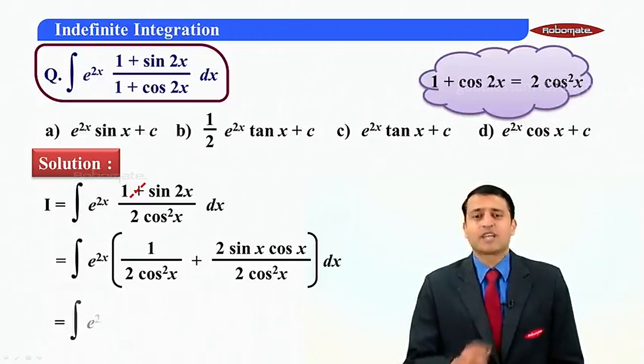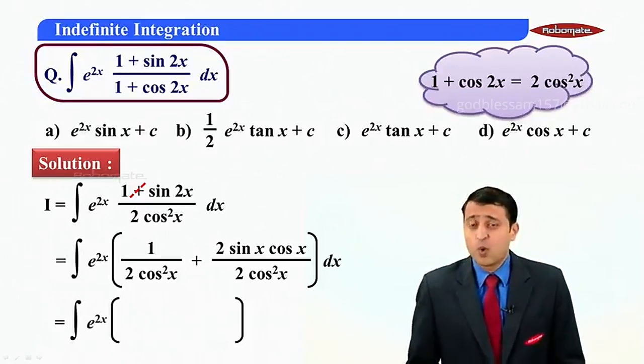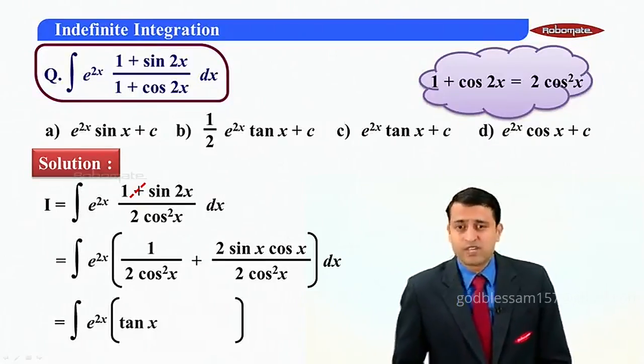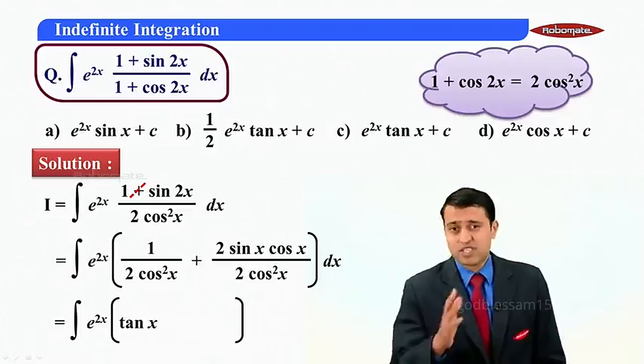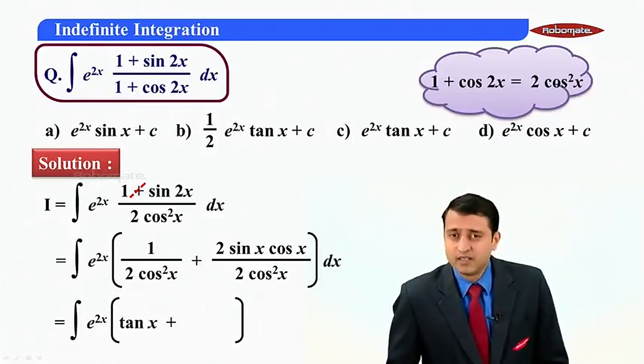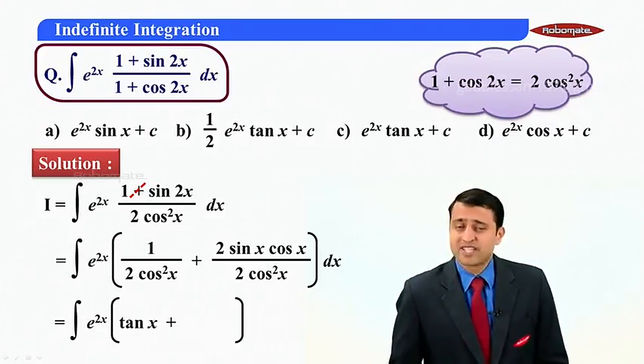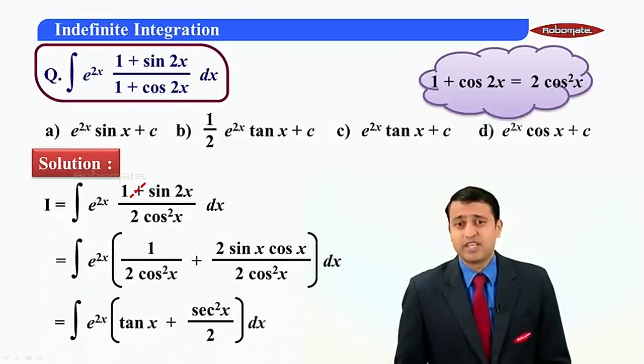Correct? Now can I say here, for the second part, tan x, and 1 upon 2 cos square x, can I write it as sec square x by 2 dx.